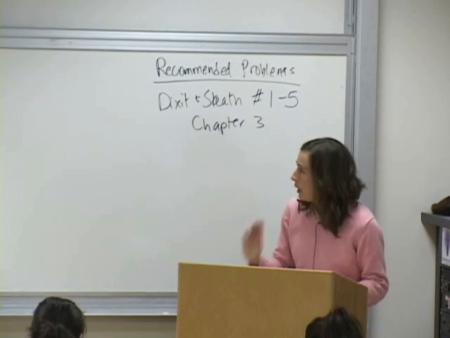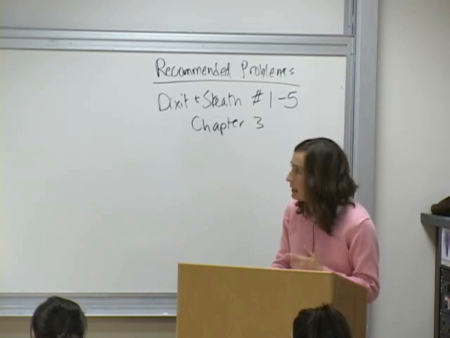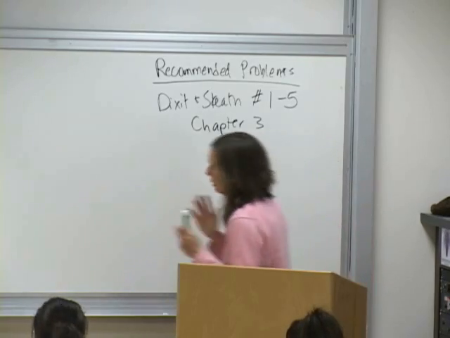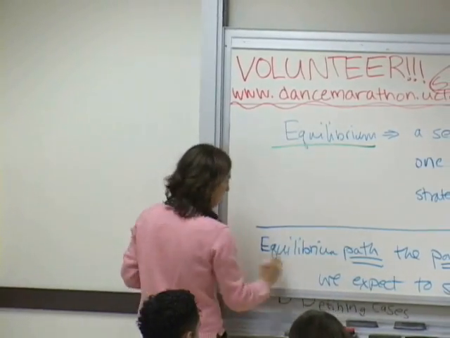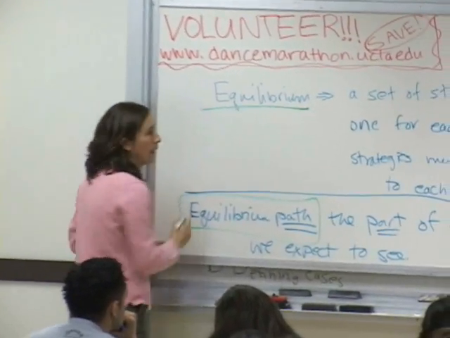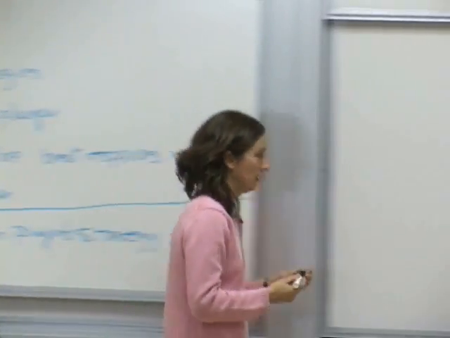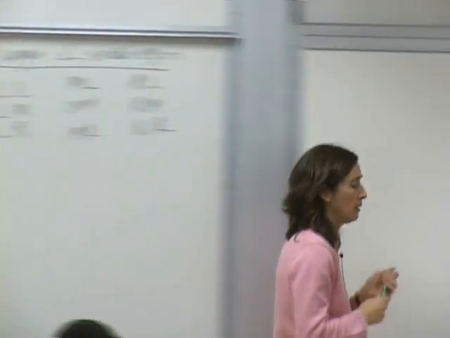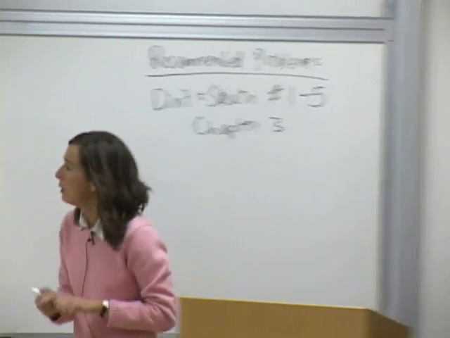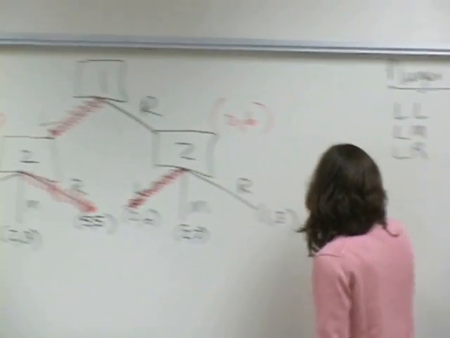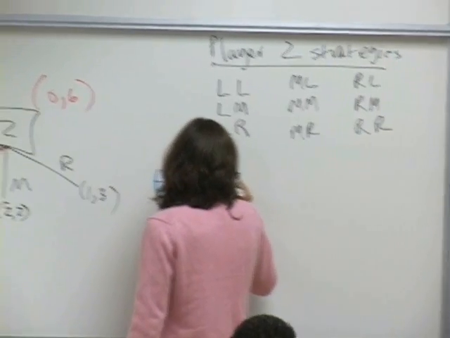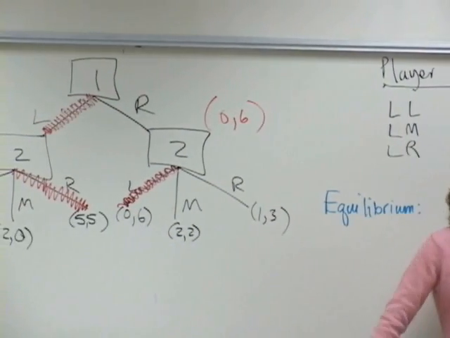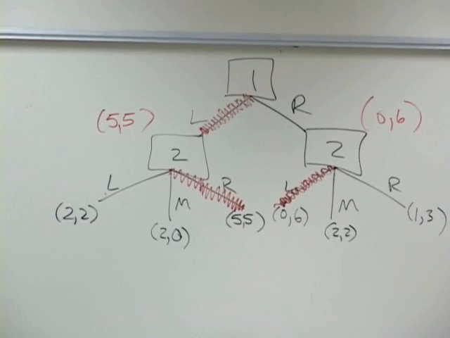All right. Just finishing up the details here to make sure that we're remembering what the equilibrium is and what the equilibrium path is. Okay, I'm going to use blue. It's a better pen than my green one. When I'm looking for an equilibrium, I'm looking for a full strategy for each player.